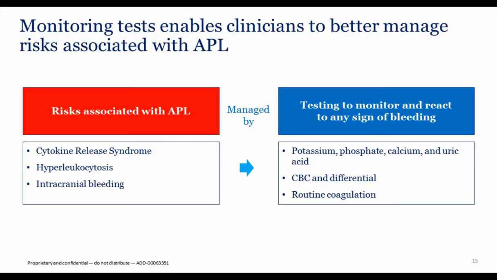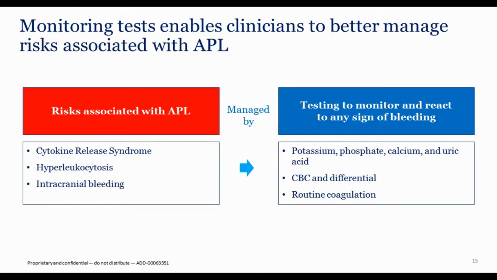We can monitor therapy in the cytokine release syndrome through various chemical tests such as the potassium, phosphate, calcium, and uric acid. Another risk factor would be the hyperleukocytosis, and of course we would use the CBC and differential to monitor how well we are improving this hyperleukocytosis.